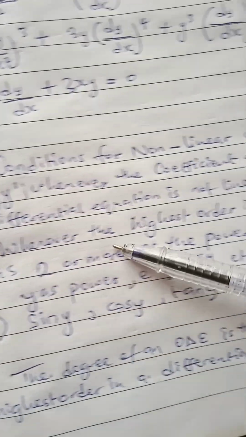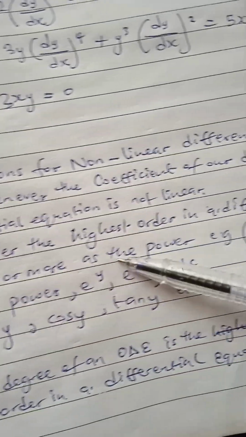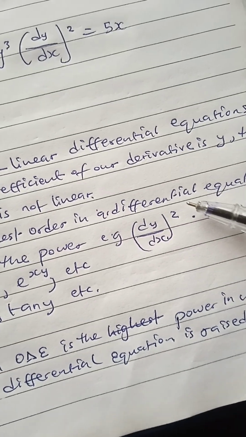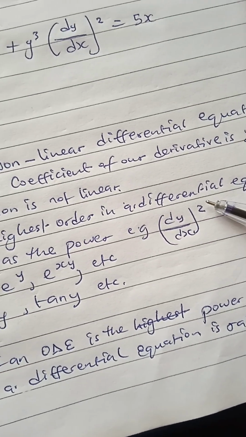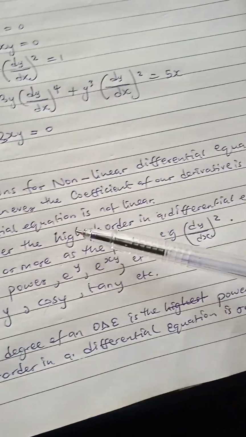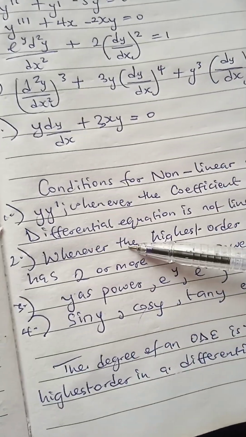Number two, whenever the highest order in a differential equation has a power of 2 or more, for example dy over dx all squared, that equation is non-linear.